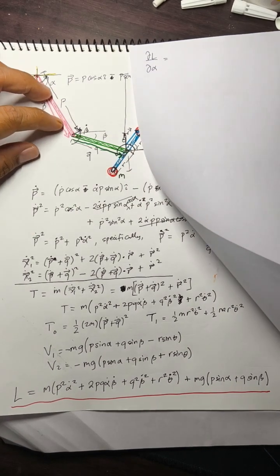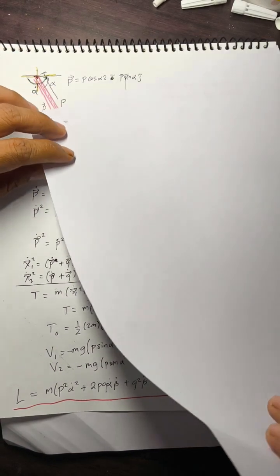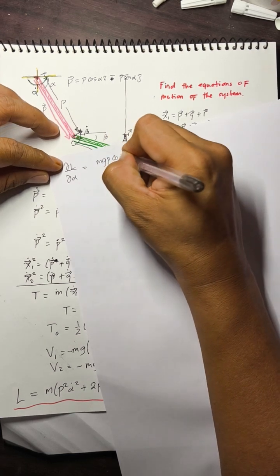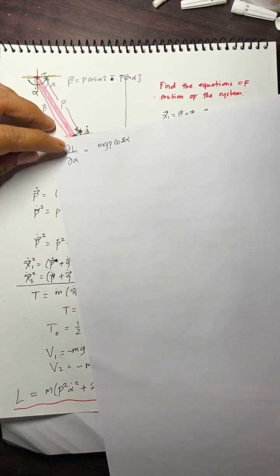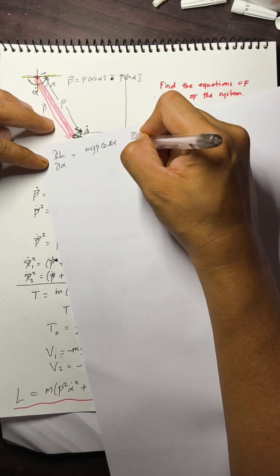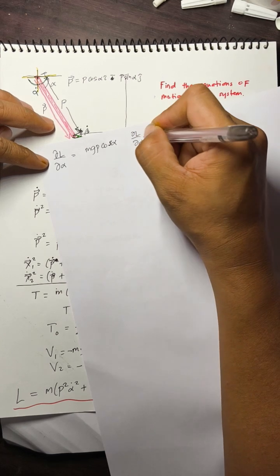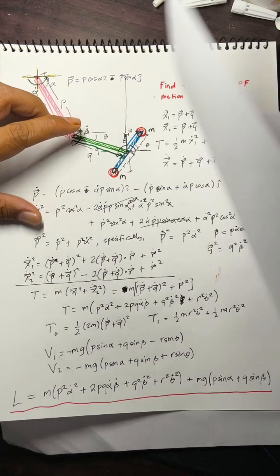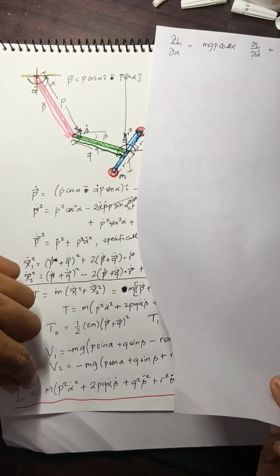mgp cosine alpha. So this is just mgp cosine of alpha. And partial L over partial alpha dot would be equal to this one here.